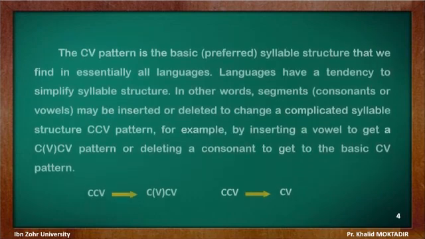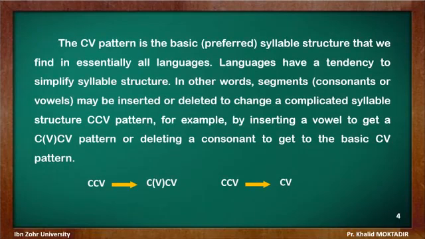Now, syllable structure processes are processes that aim at reaching the basic syllable pattern, that is the CV pattern. The CV pattern is the basic syllable structure that we find in essentially all languages. Languages have a tendency to simplify syllable structure.